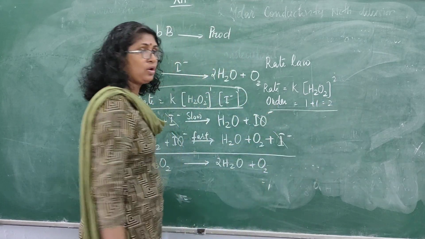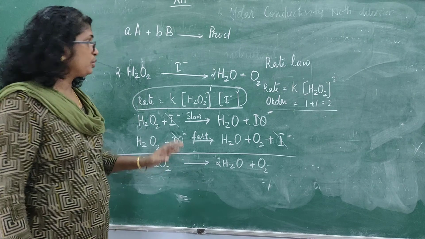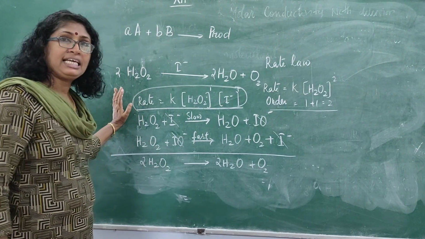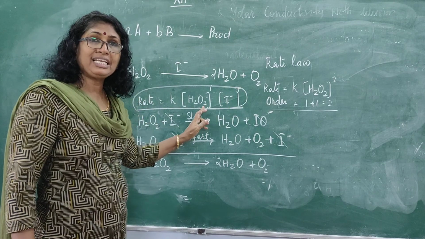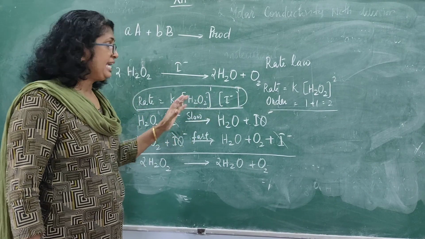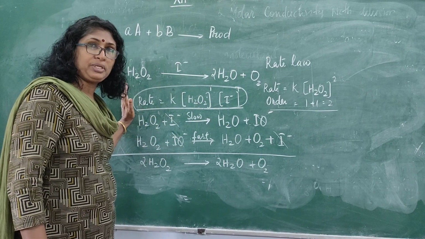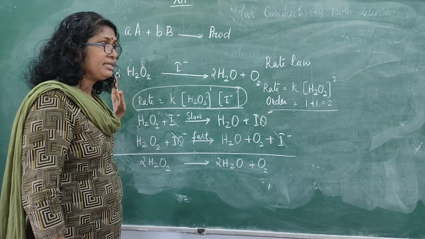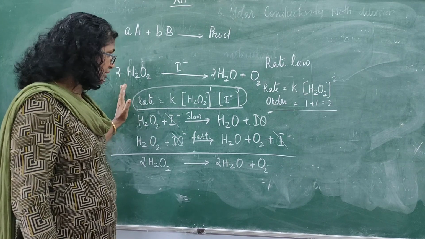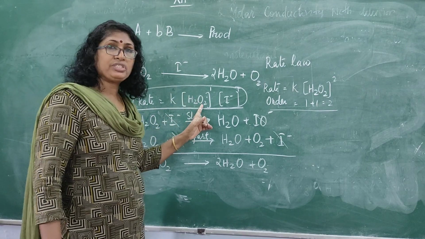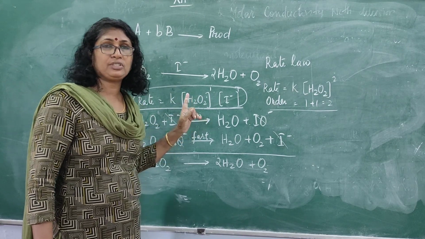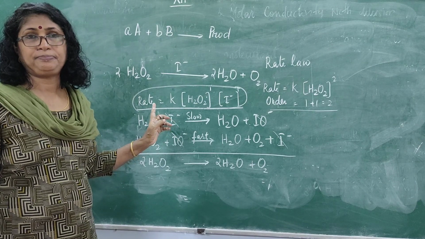So the order of the reaction is the sum of the powers to which the concentration terms are raised in the rate law equation. The rate law equation shows the actual dependence of the rate of reaction on the concentration of the reacting species.